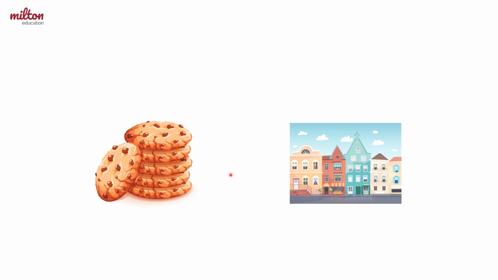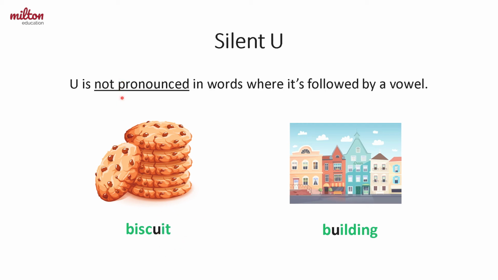Do you have any idea of what silent vowel might be in both of these words? Let's see. It's a silent U. The silent U is not pronounced, it's silent, in words where it's followed by a vowel. So in biscuit, we don't pronounce the U because it's followed by an I, which is another vowel. And that's the same as in building.